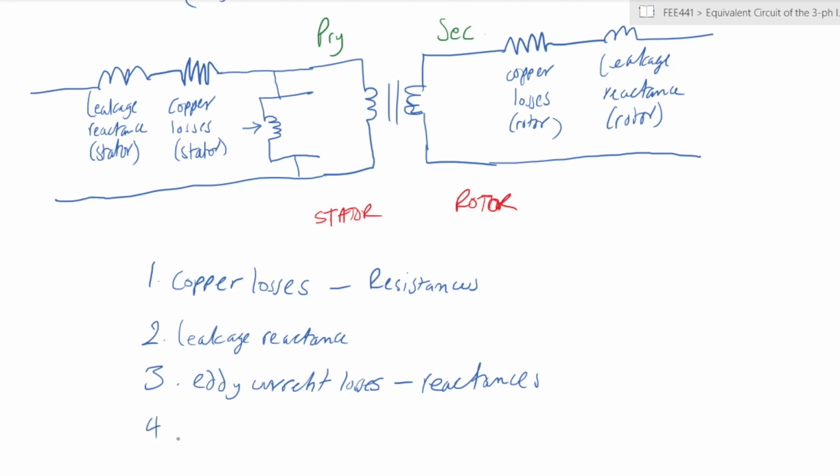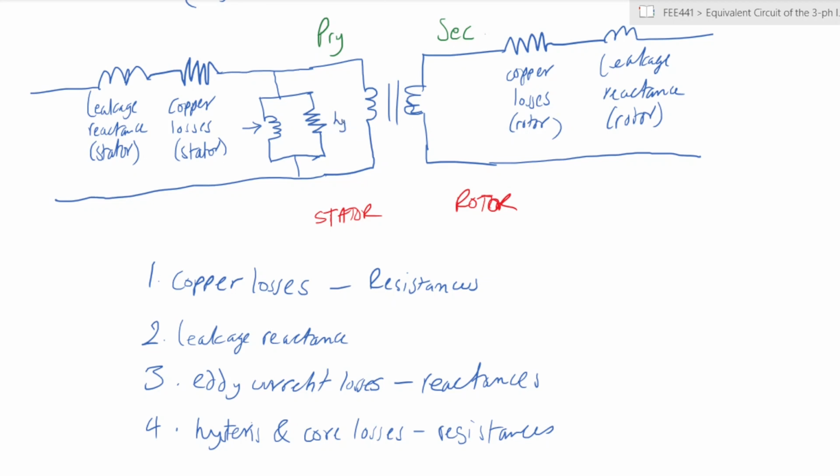And a counterpart to the eddy current losses are hysteresis and core losses, right? And these are resistances. Okay, so that is represented here. So these are hysteresis losses.